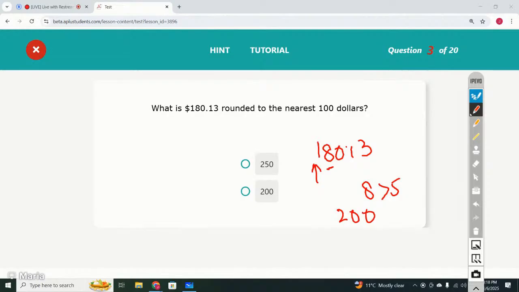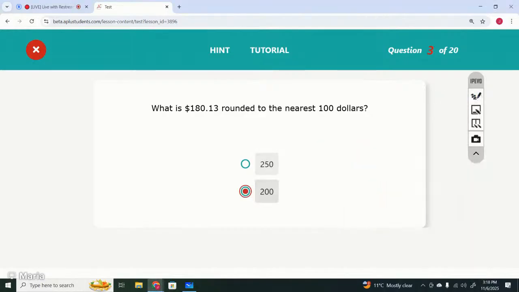So that is 200. The correct option is $200. Option number 2 is the correct option.